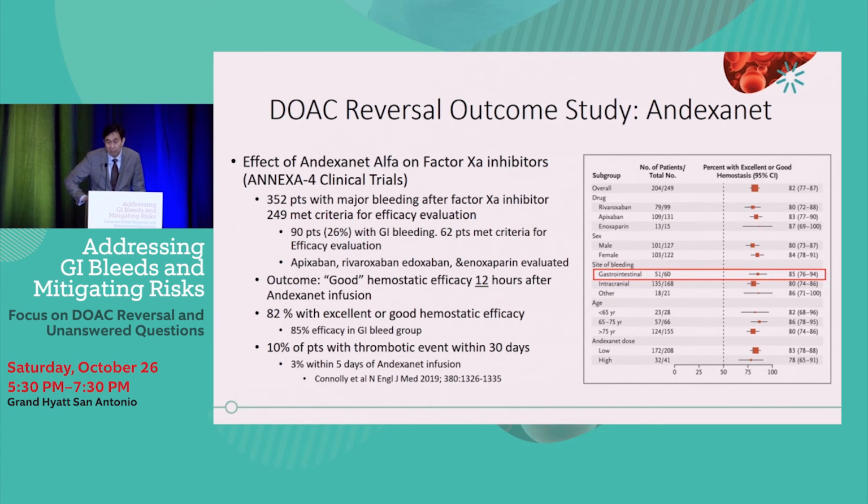Again, you turn around and talk about the adverse events and safety issues: 10% of the patients had thrombotic events within 30 days, and 3% had thrombotic events within 5 days of the index infusion. So it is not without cautionary tales at this point.